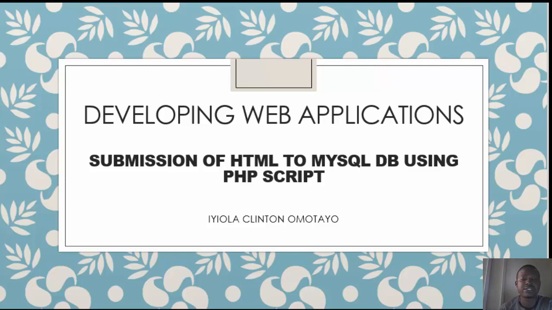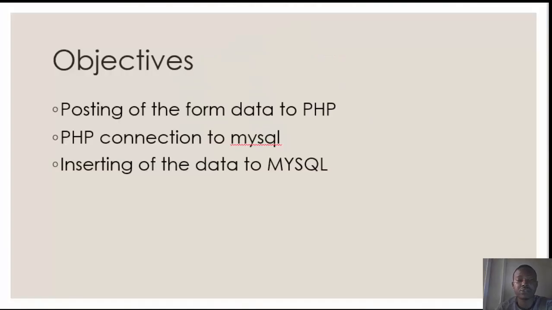And the list of objectives, how do we achieve that? We are going to post the data in that form field. We are going to post them to PHP, and we are going to connect PHP to MySQL first.